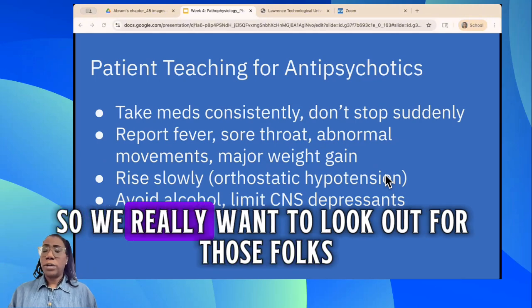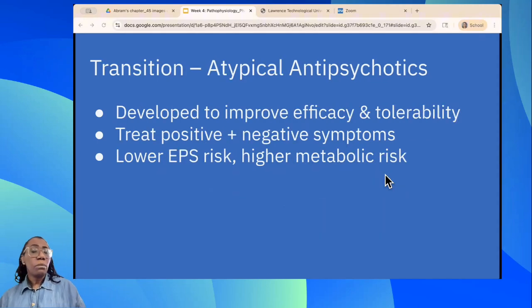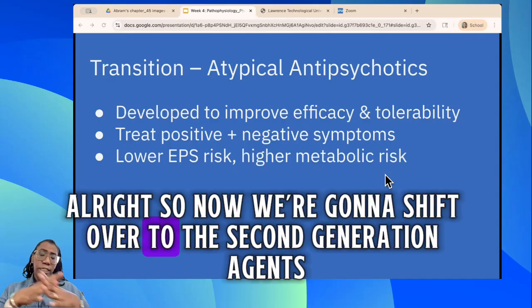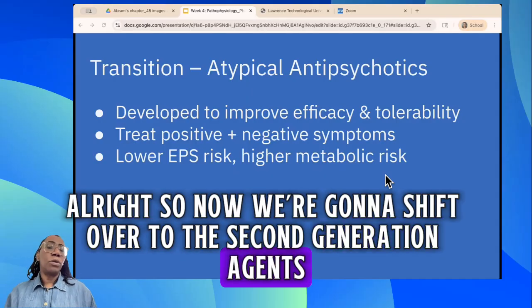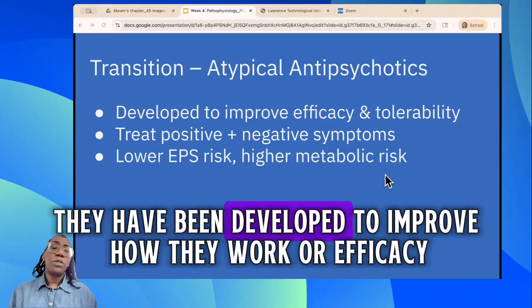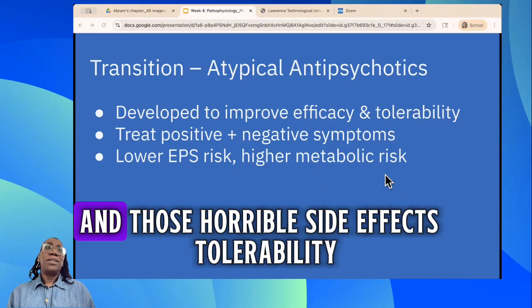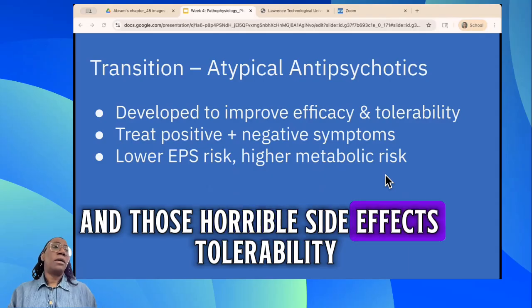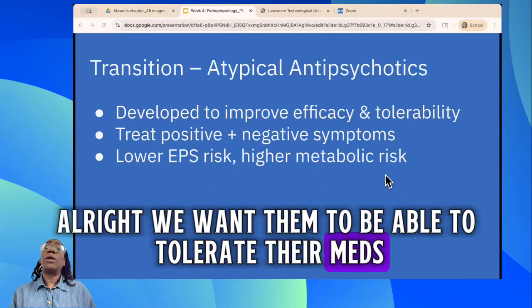So we really want to look out for those folks. All right, so now we're going to shift over to the second generation agents or the atypical antipsychotics. All right, they have been developed to improve how they work, or efficacy, and those horrible side effects, tolerability. We want them to be able to tolerate their meds, so they will take them.